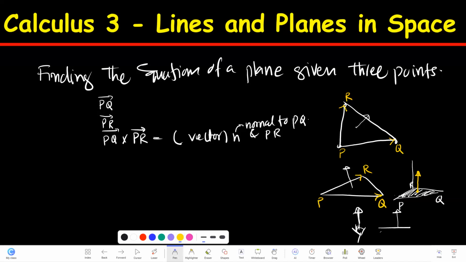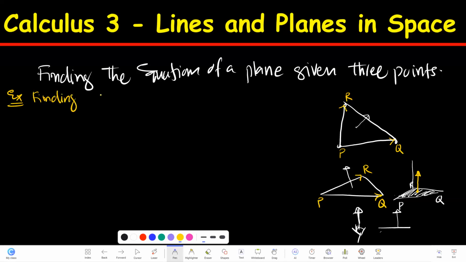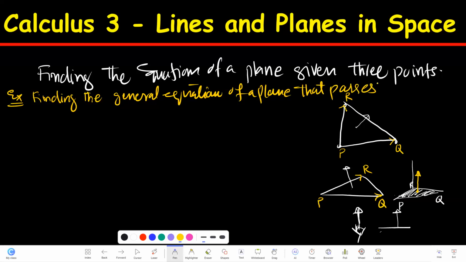So what are we going to do? We're going to do one problem to wrap up this topic. Example: finding the general equation of a plane that passes through these 3 points, P, Q, R. Either points are given or you determine your own coordinates, right?